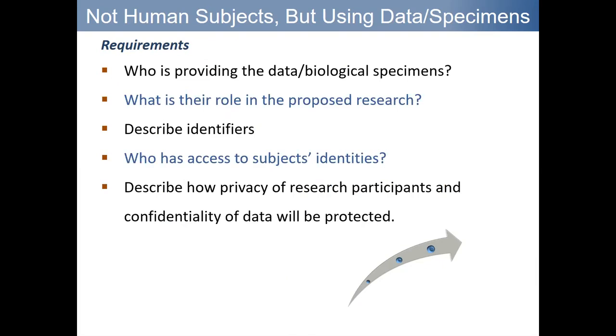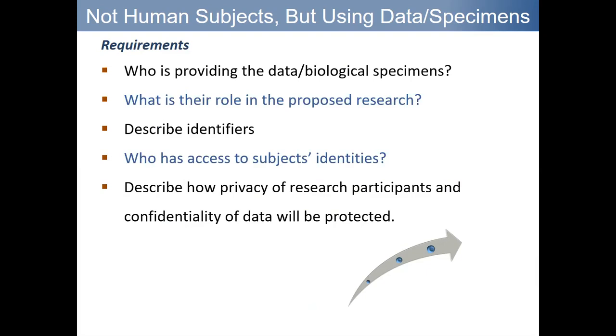So for this type of study, essentially what you're doing is creating a justification for why you believe your study, even though you're using data or biospecimens, falls under the category of no to human subjects. It's really about making sure there's appropriate separation between the original data and who has access to it, the people who initially collected it, and who's going to be accessing it on your particular project.